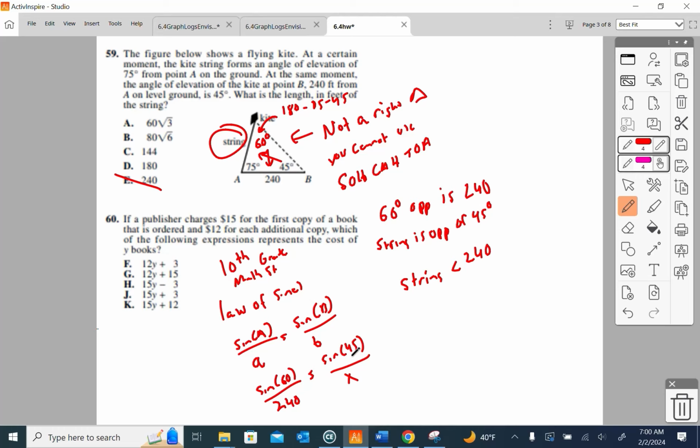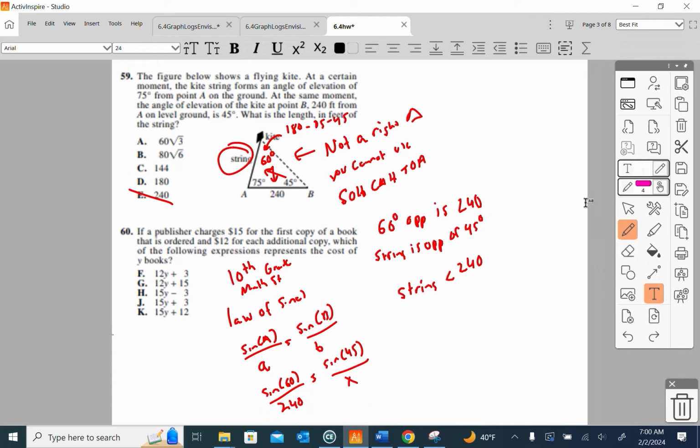Now, the reality is juniors are supposed to know certain things and you just haven't been taught it. But juniors are supposed to know the sine of 60 degrees without a calculator.